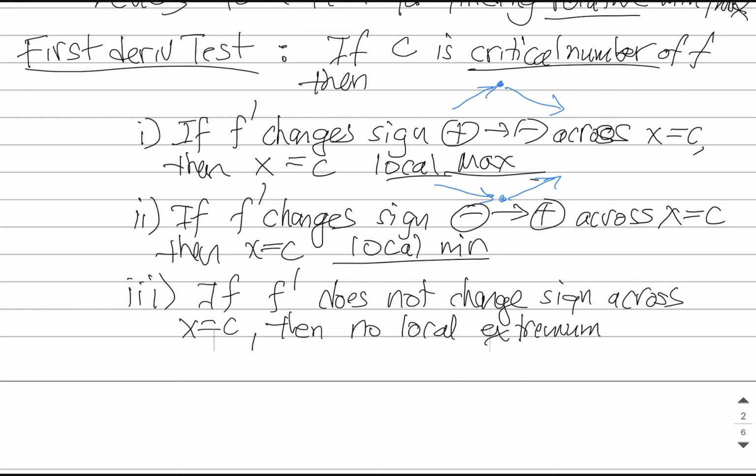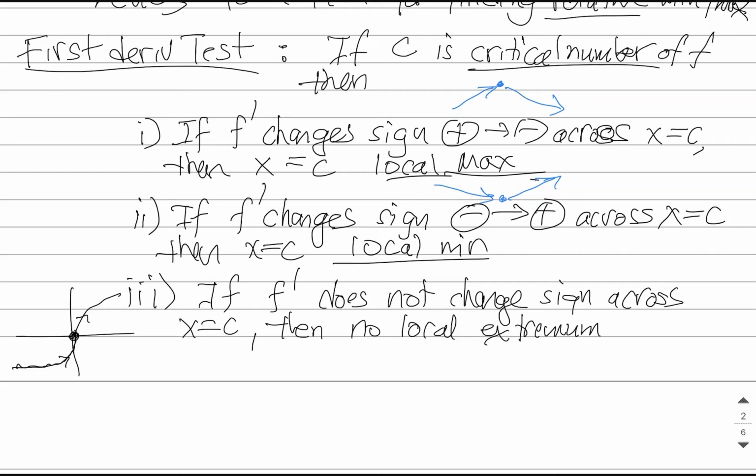There are going to be situations where a function doesn't change its derivative sign. So for example, a cube root function is going up, it's increasing. At 0, it has a vertical tangent line, but as we continue through 0, it still increases. Because there's not a sign change, f prime is going to be positive in both cases. There is no local minimum or maximum.